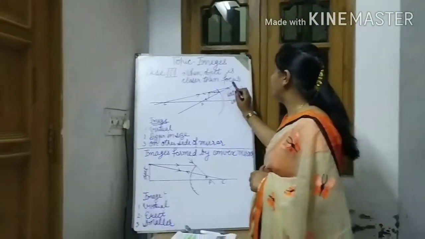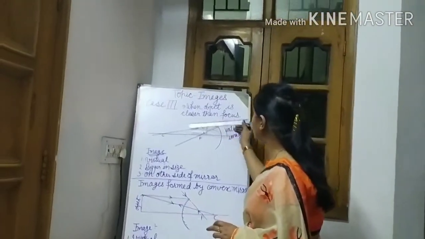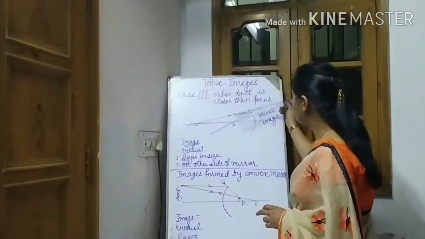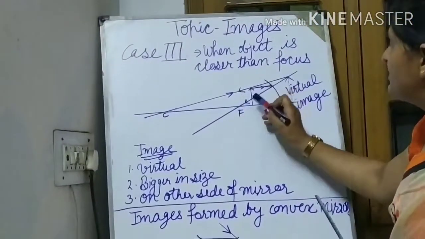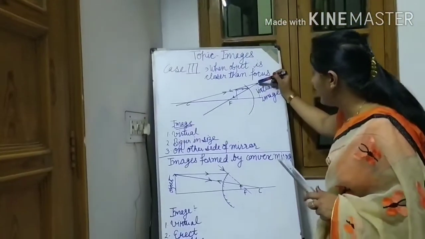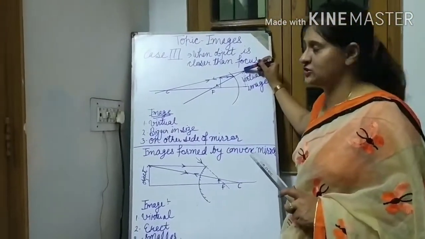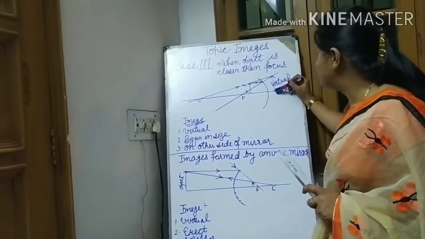To get the image, I am producing the lines backward. The center of curvature ray is produced here, and the ray reflected at the focus is also produced here. Both the rays will meet at this point. Now we can join this point with the principal axis.